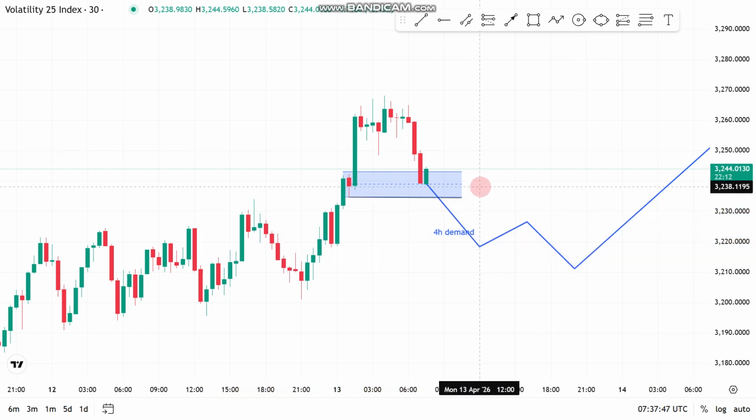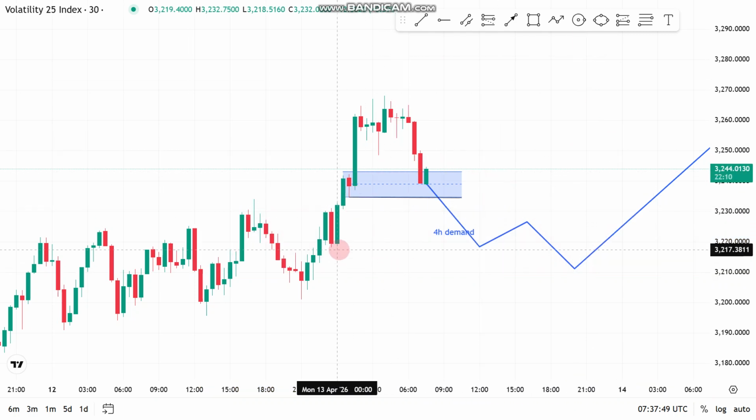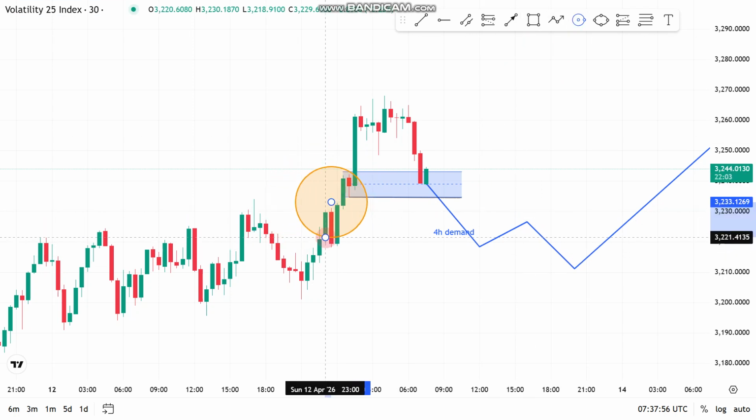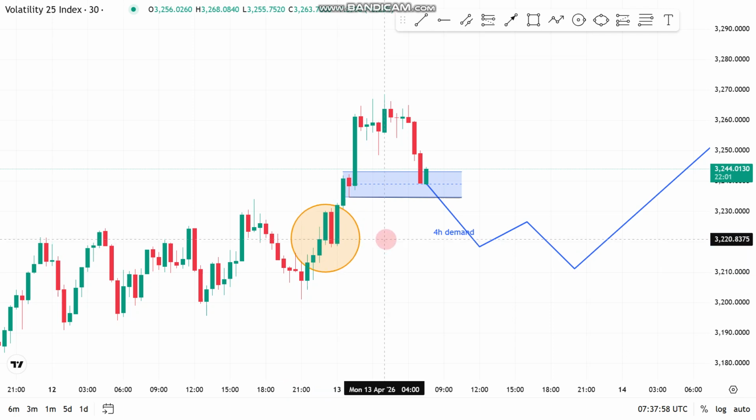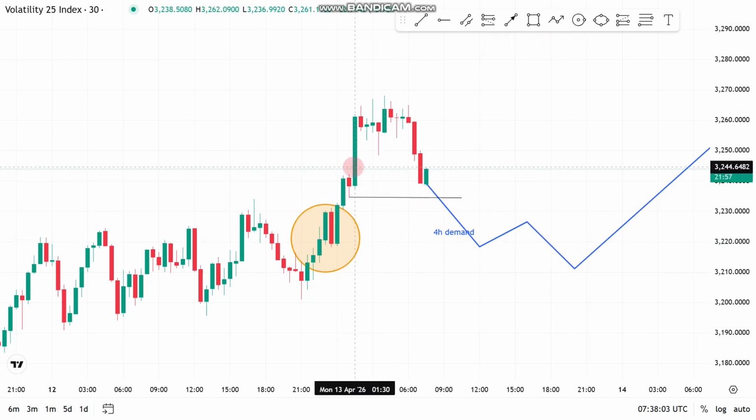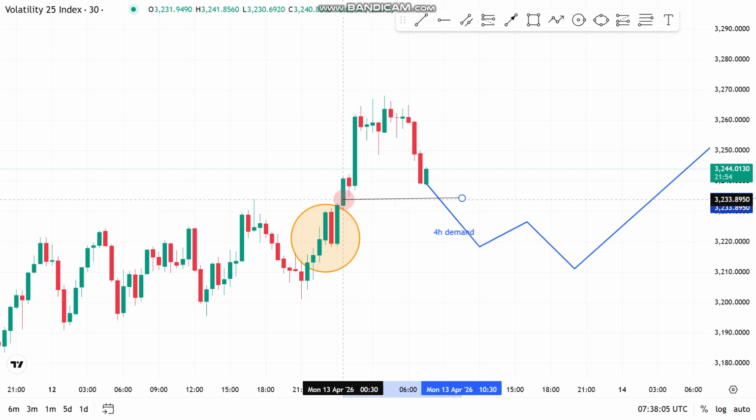We know our trading zone is from this point here. This is our demand here. Price has created a support, and this support is what we call inducement.